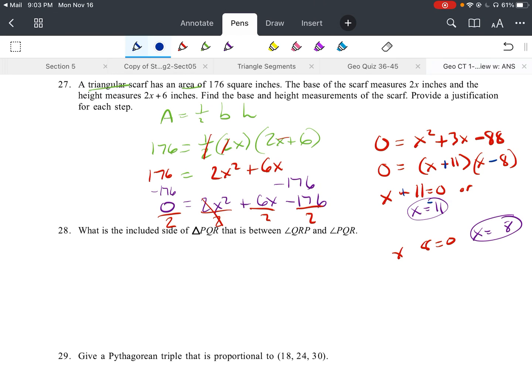Hint, hint. All right. Anyway, x minus a is 0. This is x is positive 8 now. This is negative 11. You have to reject that because you can't have a negative length for the base of your scarf. So the answer is going to be 8 for x. Plug that back in. So the base is going to be 2 times 8. So that's 16.